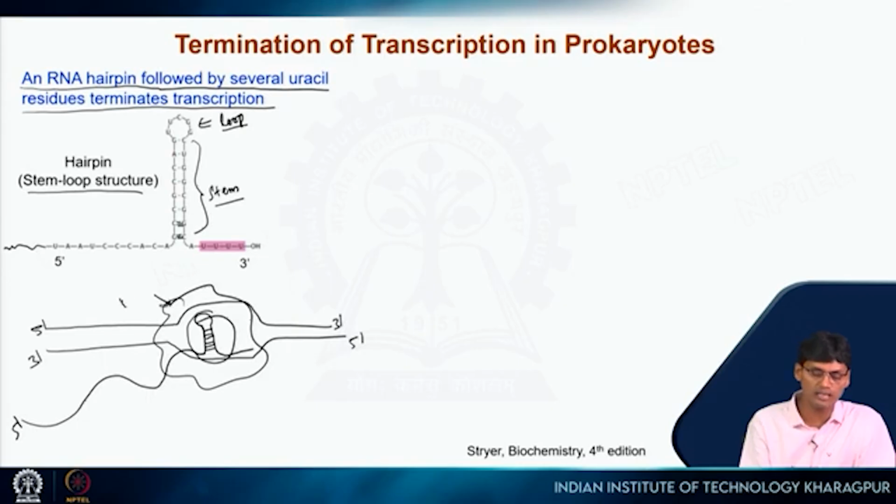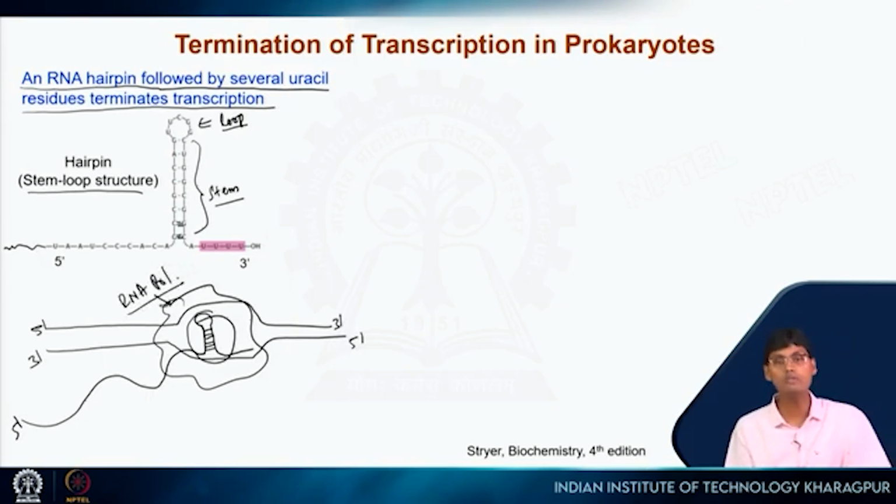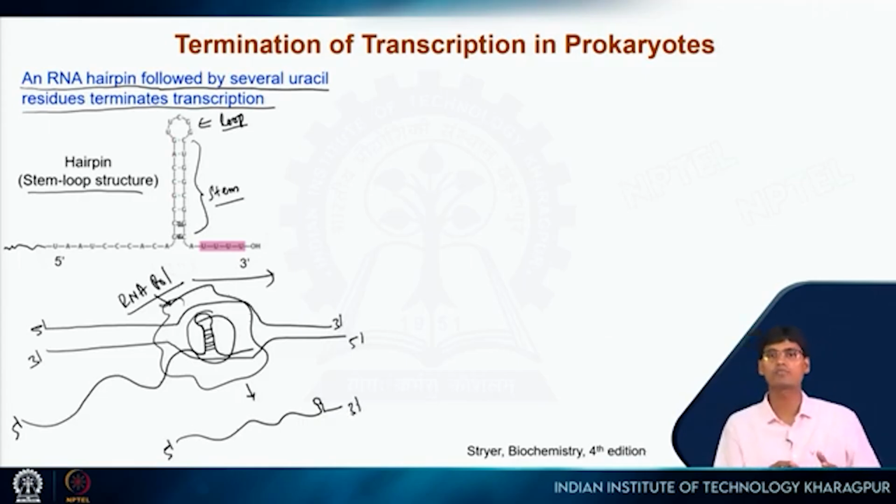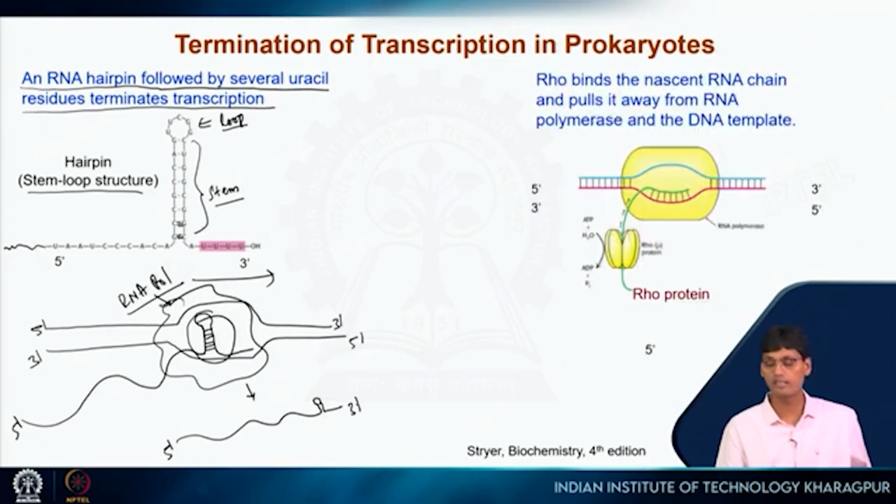This is our RNA polymerase. So it will inhibit the progression in this direction. As a result, finally this RNA will be dissociated from this DNA, and we will get the RNA. So transcription will stop in this way.